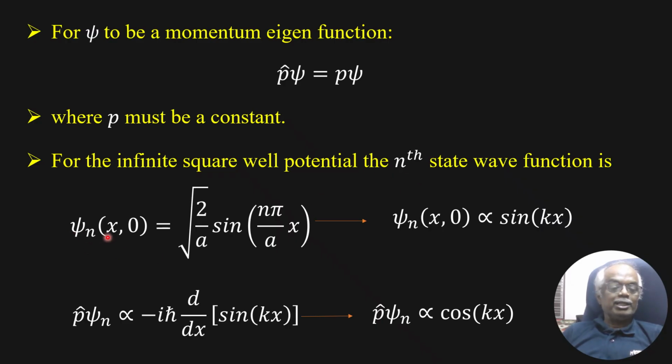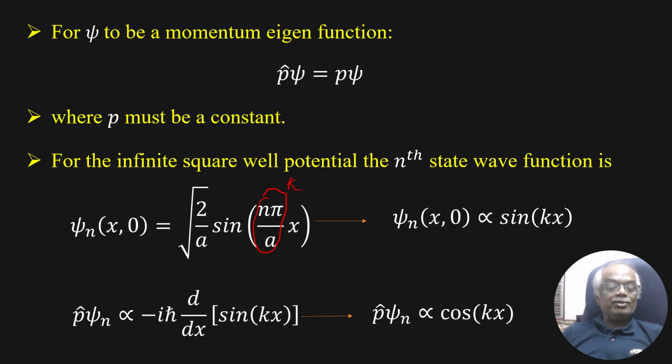So psi n of x is equal to, as we have studied, square root of 2 over a times sine of n pi over a x. But we know n pi over a is k.